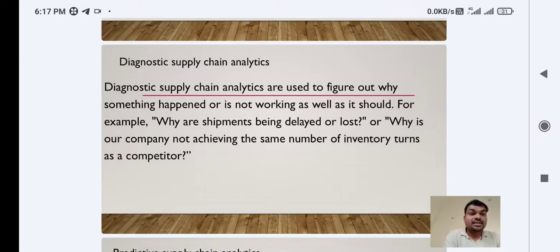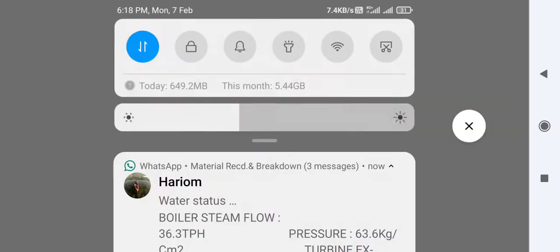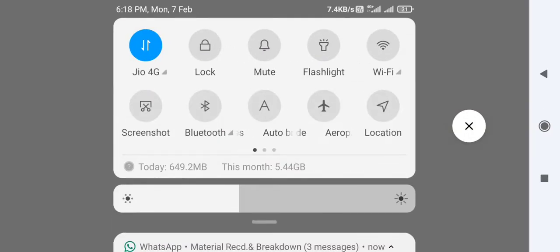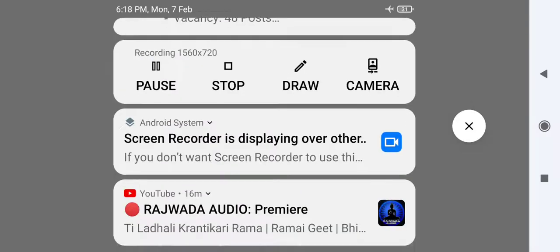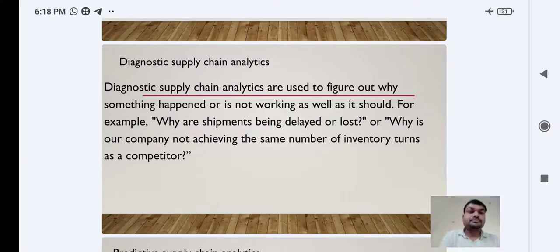If we are manufacturing a product and not getting proper output, or getting defective products, then through diagnosis we can search why our plant is getting these problems. All these problems will be solved in diagnostic supply chain analytics.